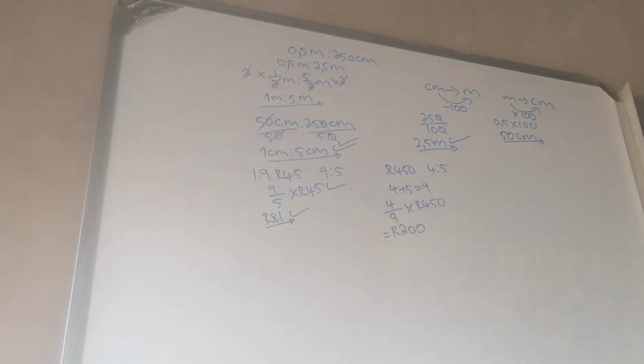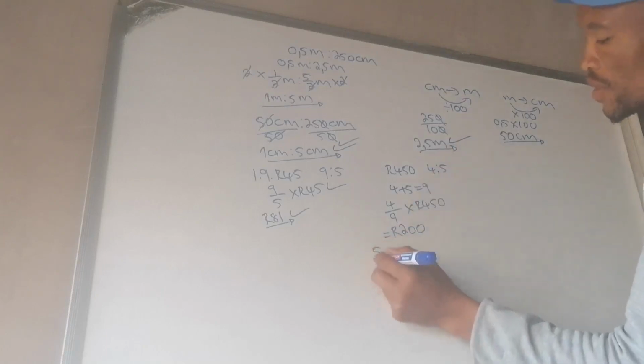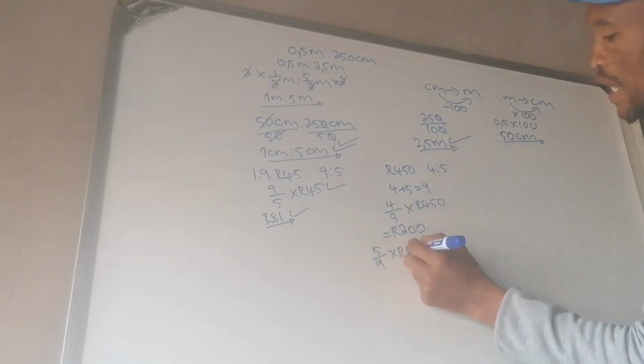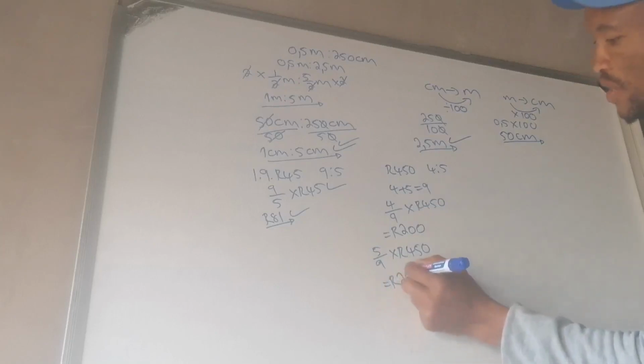For the second one, 5 over 9 multiplied by 450, you get 250.